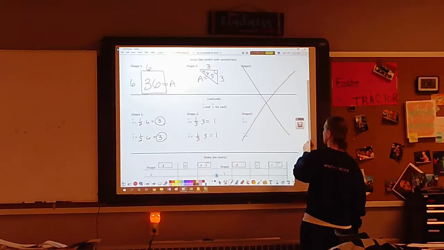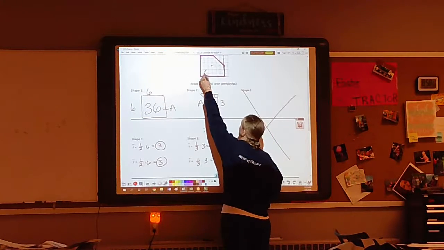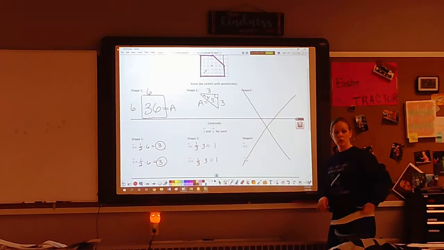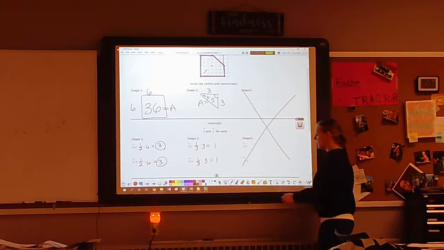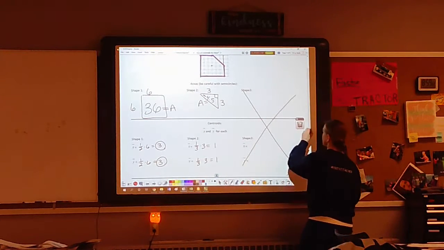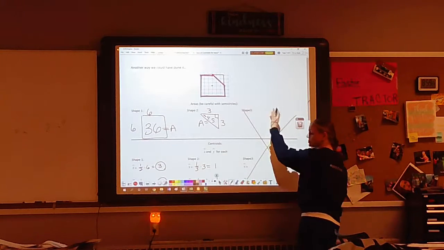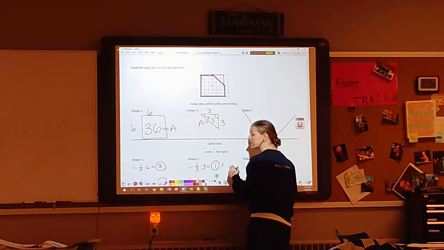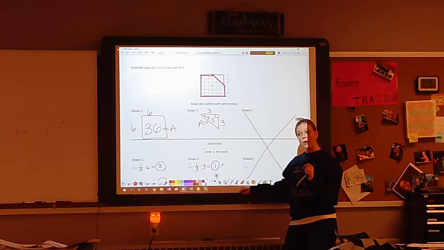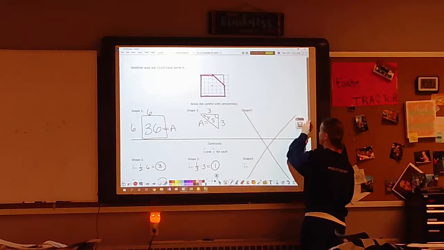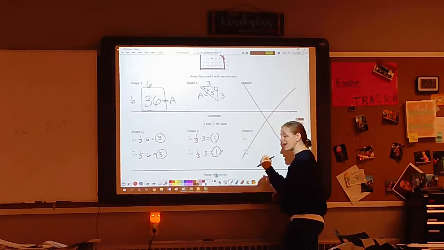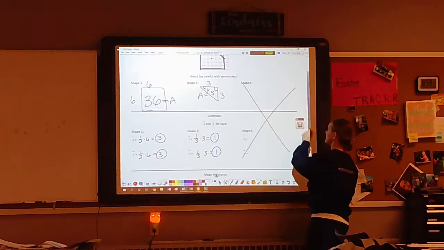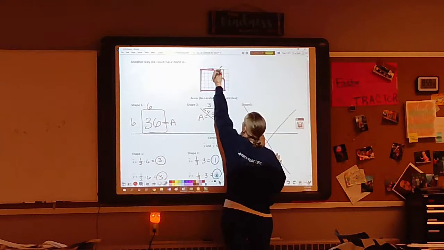However, we don't like 1, 1 for the triangle, right? That's nowhere near the triangle. So what I like to do is go up here to my original shape and say, remember, this 1 is from the right angle. This 1 is from the right angle. So it's 1, 1. You see that blue dot?